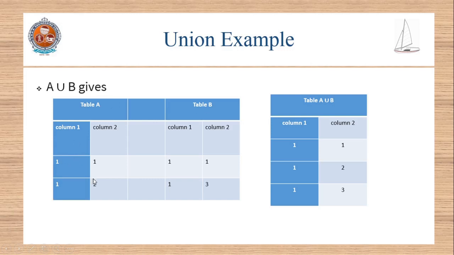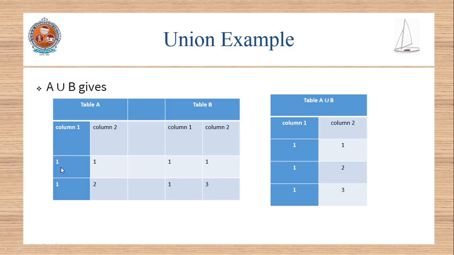Both have two tuples, with values 1 and 1 in the first tuple and 1 and 2 in the second tuple of table A, and 1 and 3 in the second tuple of table B. The output given as A union B will have degree 2, that is column 1 and column 2, and in the output, all the tuples in A and all the tuples in B will be present. But the duplicate tuples will be eliminated. Only one tuple will be there. The others which are repeating will be eliminated automatically.